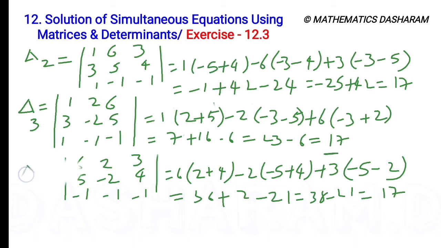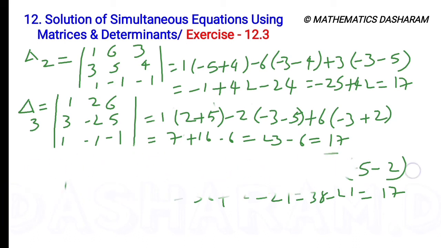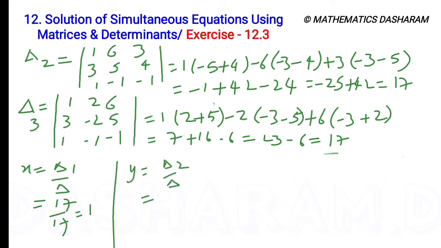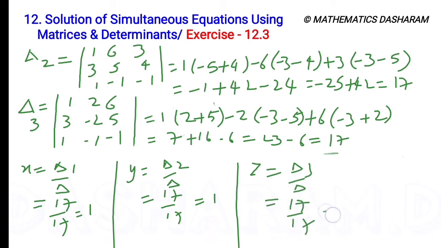Let's find our required answer, x, y and z. The formula for x is delta 1 by delta, which is 17 by 17, 1. Next, y equals delta 2 divided by delta, 17 by 17, 1. Z equals delta 3 divided by delta, also 17 by 17, 1.